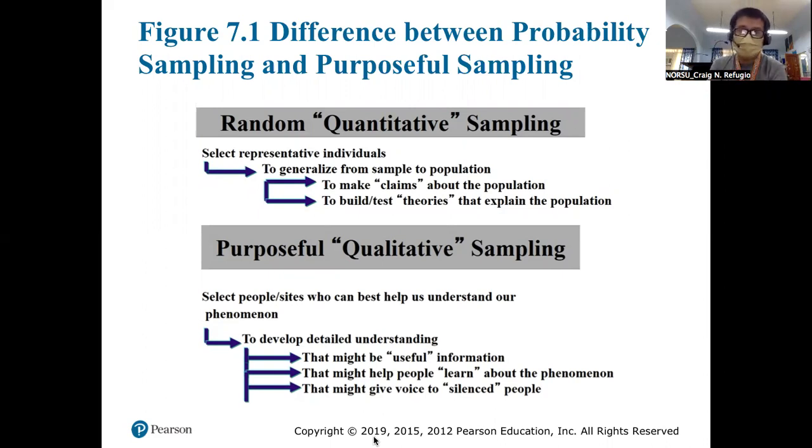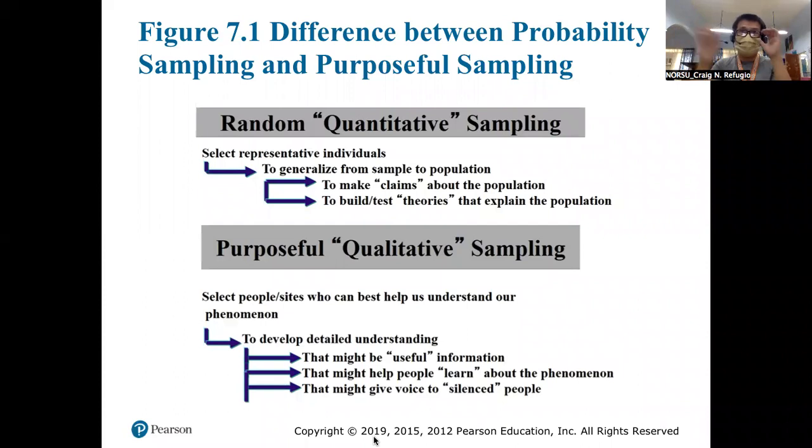In terms of purposeful qualitative sampling design, select people or sites who can best help understand our phenomenon. We look at certain phenomena, and we select people from different sites, from different populations, that would help us understand that kind of phenomenon.